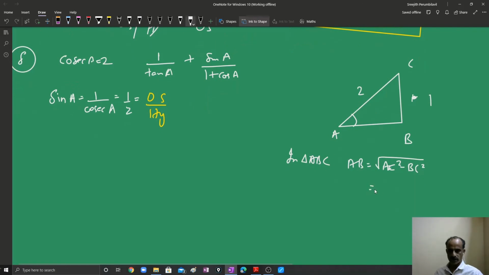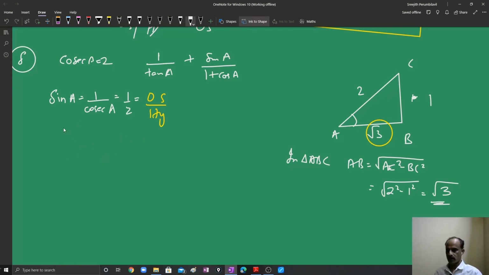So that is equal to root of 2 square minus 1, that is equal to root 3. So we found out the value of this side.